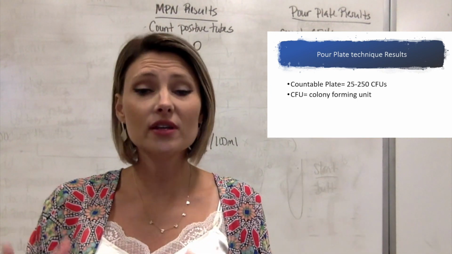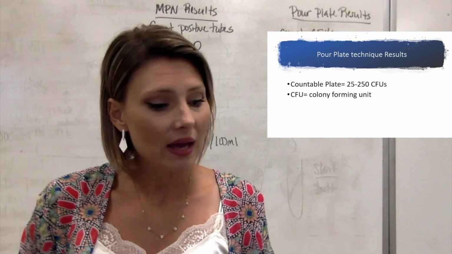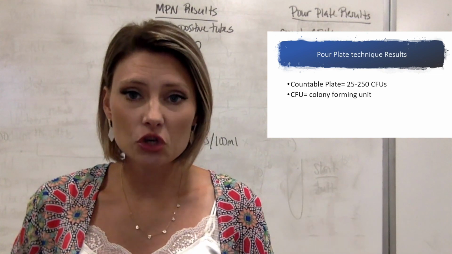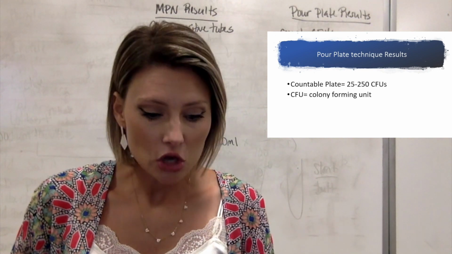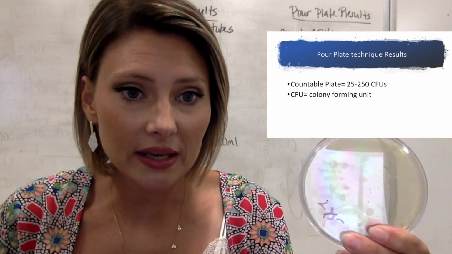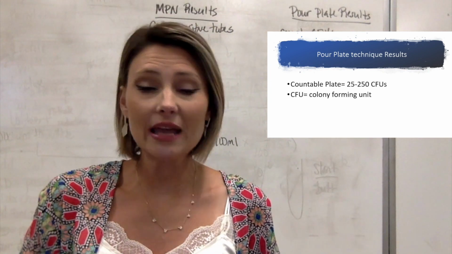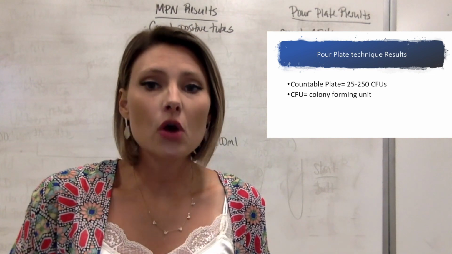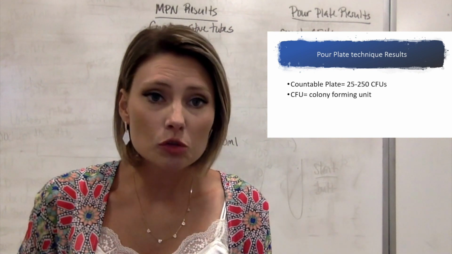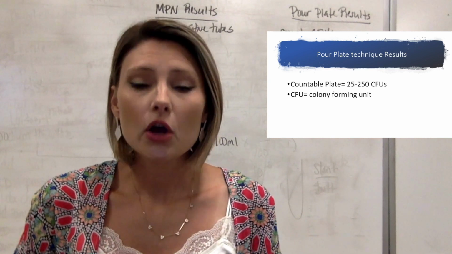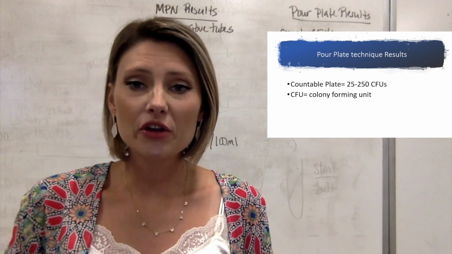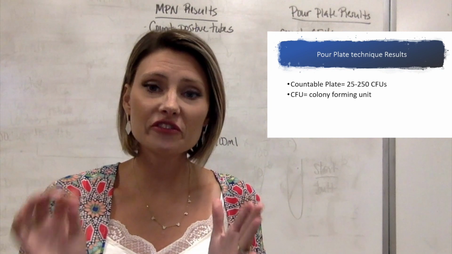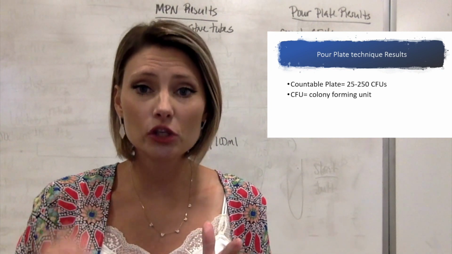Whenever you have millions of cells in an original sample, simply diluting it 10 to the negative 2 or 100-fold is not enough. So whenever I would go to try to read this plate, it would just be covered in colonies. That can't be read. So we have what is called a countable plate. And a countable plate for a pour plate is where you have 25 to 250 colonies, or CFUs.